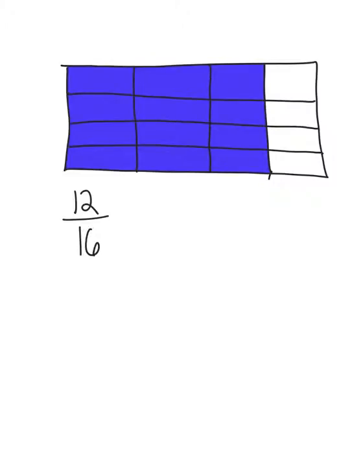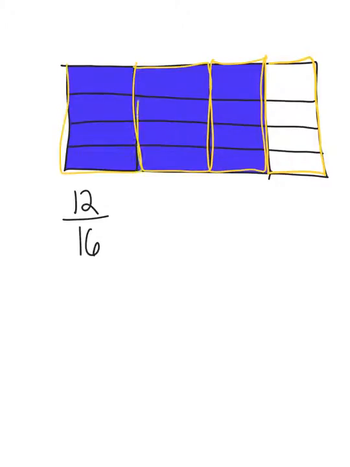Now, if we want to carefully show how this can be cut up into a larger equivalent fraction, we have 1 here, 1 here, another one, and this one. So we have shown fourths, and 3 of those fourths have been colored in to represent 3/4.